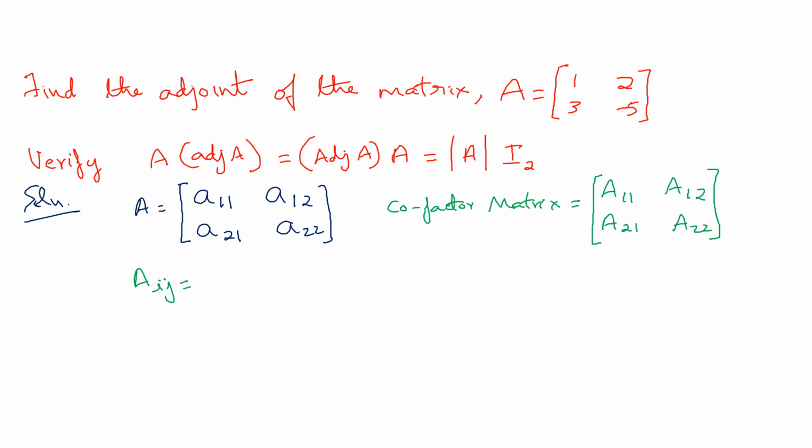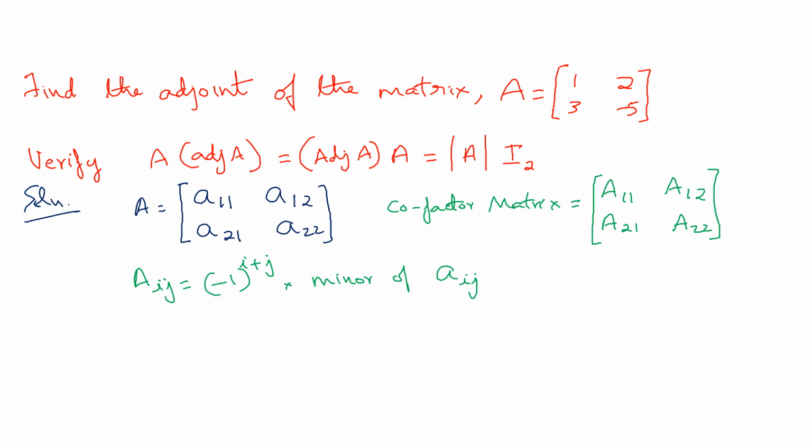Aij is equal to minus 1 to the power i plus j into the minor of aij. There are only 4 cofactors, so let us write them here itself.